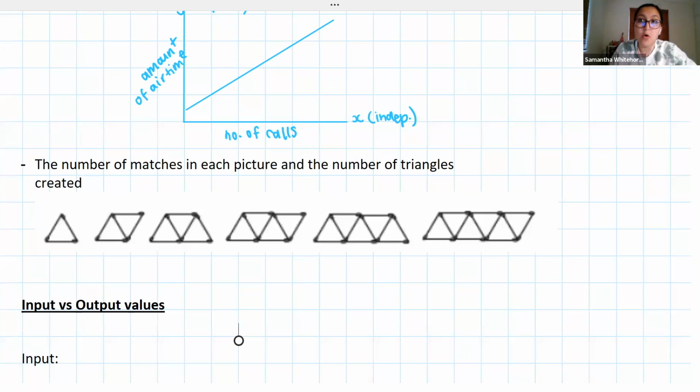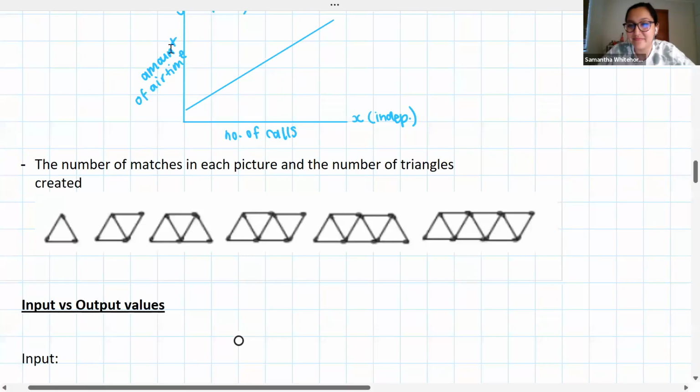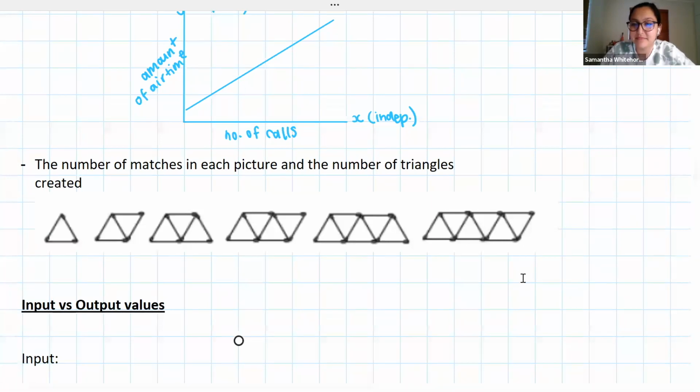So do I need more matches for more pictures or less matches for more pictures?